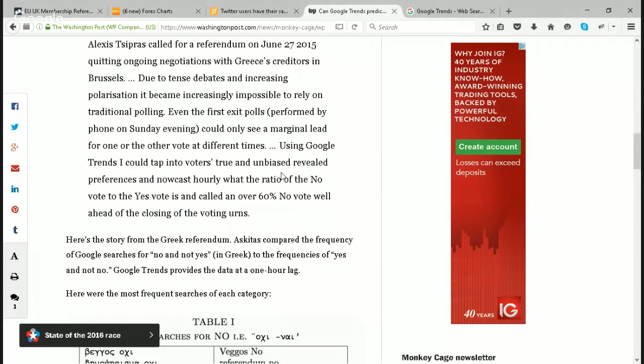So yes, we're looking at Brexit, but from a quant channel point of view, I'm more interested in the techniques, the methodology, because yes, we're having this Brexit vote, but if I had excellent Google Trends technology, which then did correctly predict the result, then we're always going to be having this kind of thing.